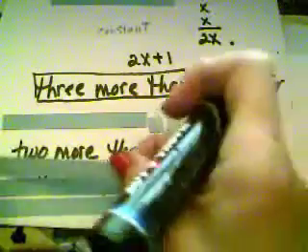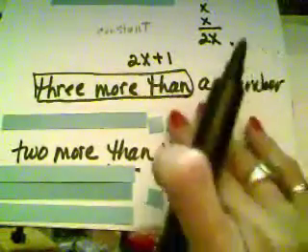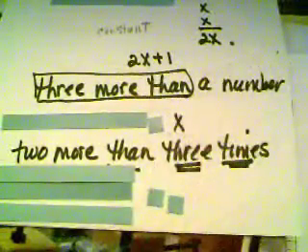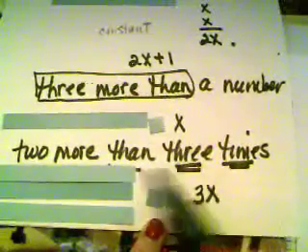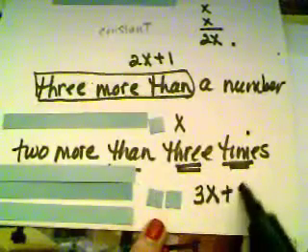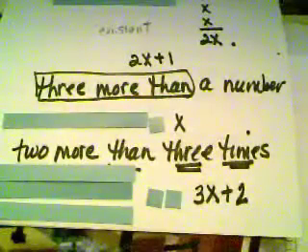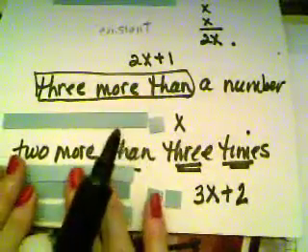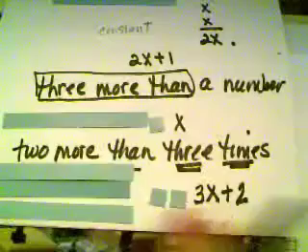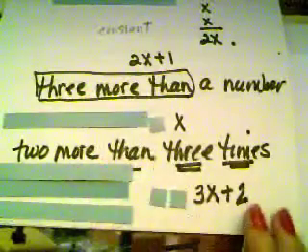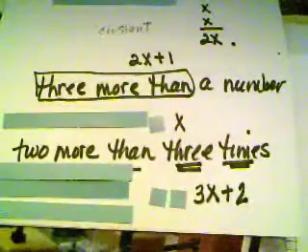That would represent 3 times the number, and then 2 more than that would mean 2 units. And so if I write that as a math statement, I would have 3 x's and 2 units. And so it's like apples and oranges. You can't add an x to a unit. Those are separate. You can add x's to x's and units to units, and that gives us our algebraic phrase.